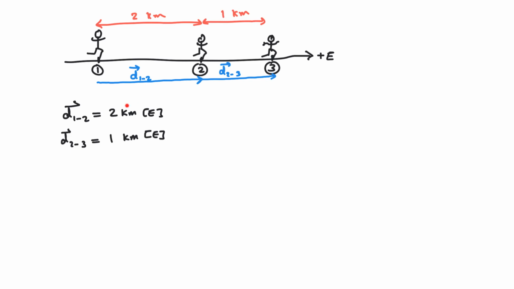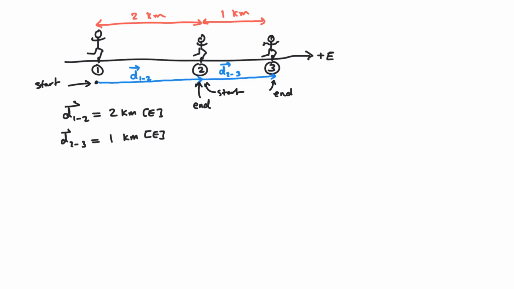So this is algebraically, and this is geometrically. Geometrically, a vector is an arrow. The starting point is the tail, and the end point is the head. So once again, this is the tail of the vector, and this is the end, which is the head of the vector. For vector 2, this is the start, and this is the end, and this is the vector from position 2 to position 3.